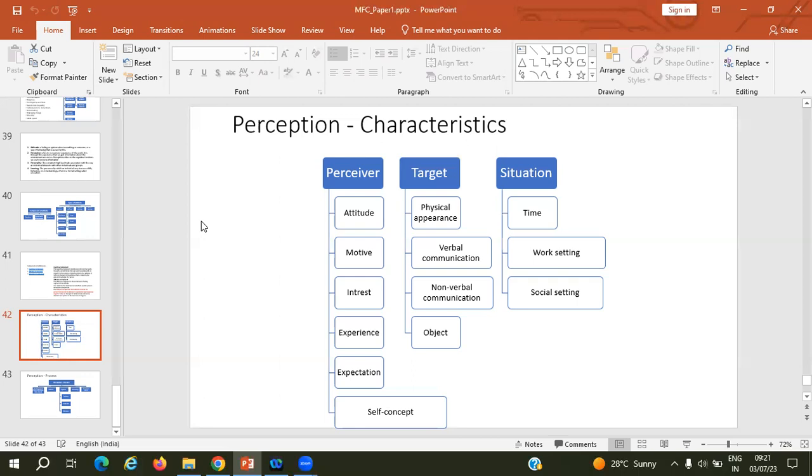Suppose, the same example we'll take. Whenever you are traveling, you are watching something, you are going in a vehicle, in a car or in a bike or in a train, you are watching outside. You saw something, a vehicle, a car or a person in the same color.